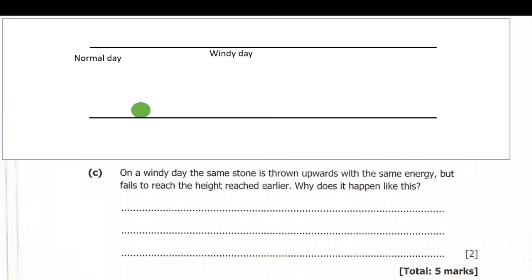Now I want to show you what will happen on a windy day, because wind will be blowing it like this. So you see what has happened. Since it will be blown, it will not reach the height it reached on a normal day without wind.